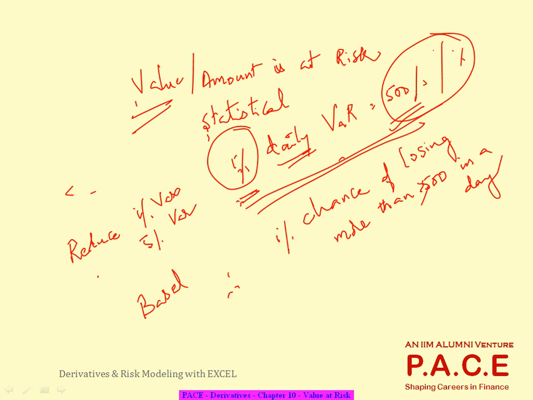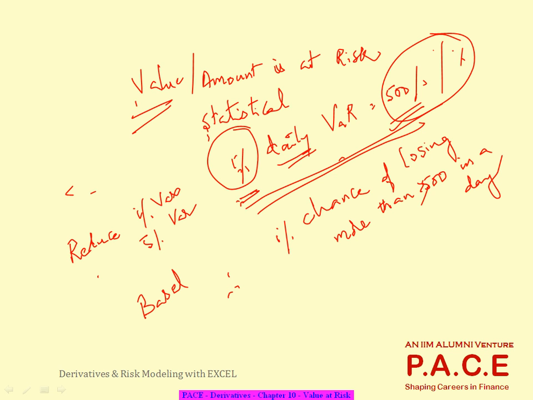So they have given their own set of constraints, or their own set of percentages. So depending on the kind of industry, or the kind of company we are evaluating, I would be interested in computing the 1% VAR or 5% VAR or whatever.